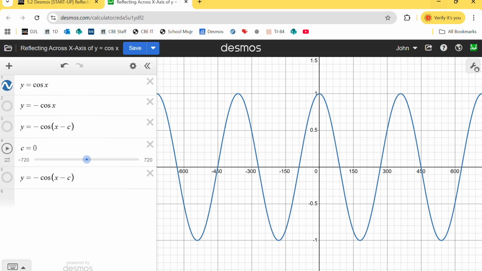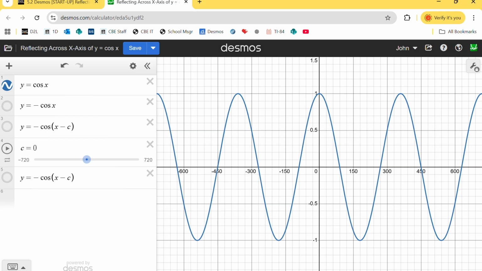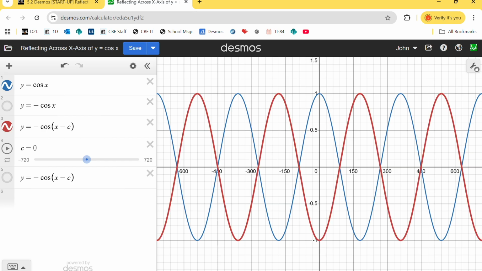Okay, cosine of x. I'm going to reflect it. Well, there it is, right? Let me overlay this one so I can vary the value of c. So there's the cosine graph, the positive cosine function, and the negative version, the reflection. So when I vary the c value, remember I said I can go positive 180 or negative 180 to line it up.